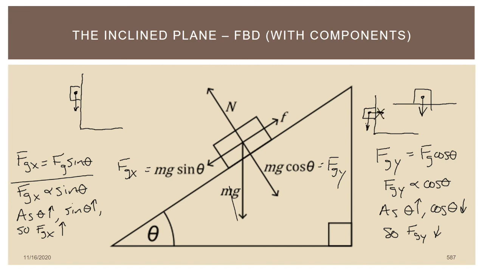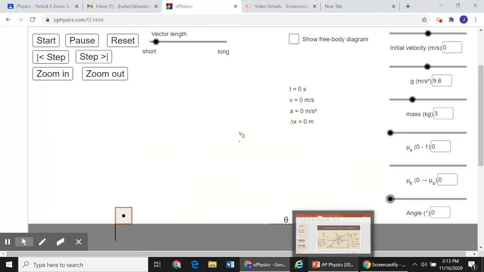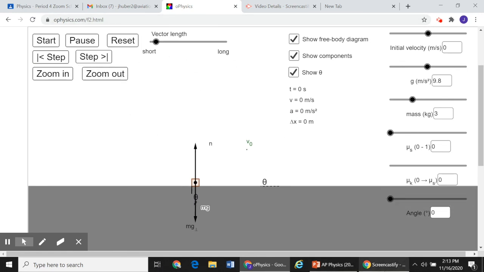And that makes sense. Notice we can see all of that borne out with that little simulator we were using. And so if we go back to the simulator here, notice this thing can show us the free body diagram. And so I'm going to zoom out here.